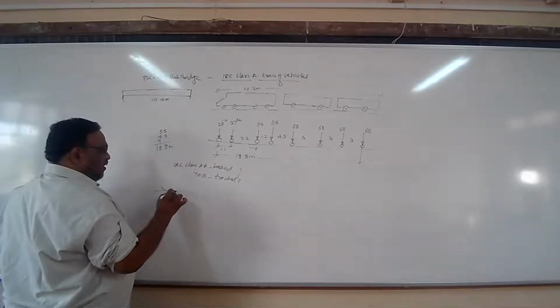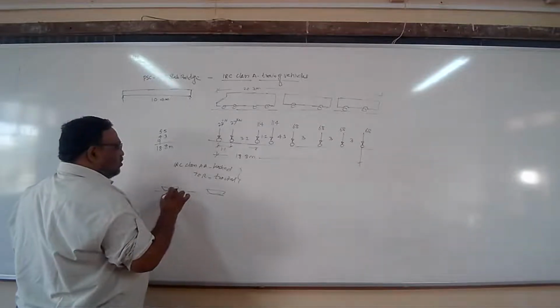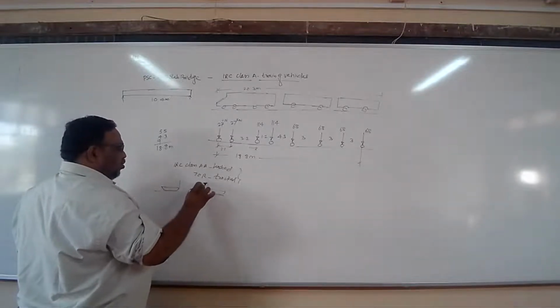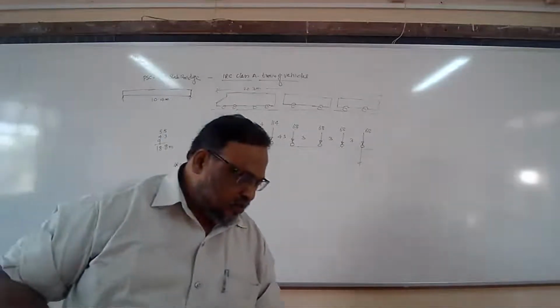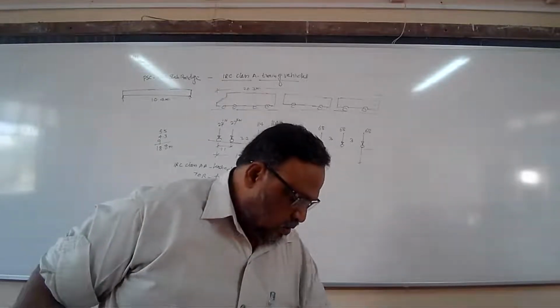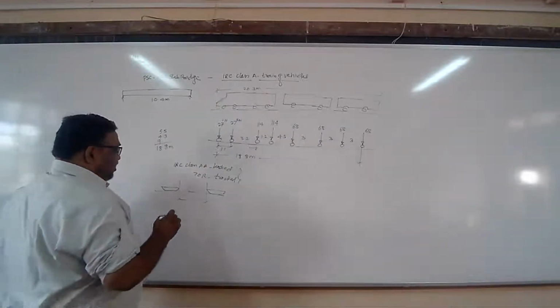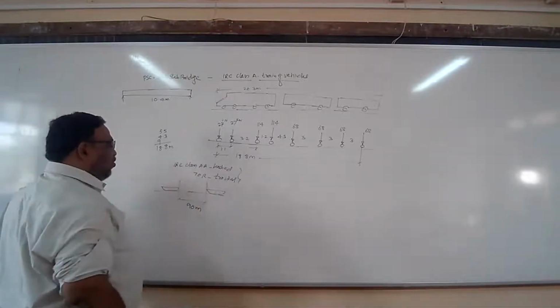One vehicle is there, behind it is another vehicle. So what must be the nose to tail distance between the two successive vehicles? This distance shall be not less than 90 meter. It is given in the code.